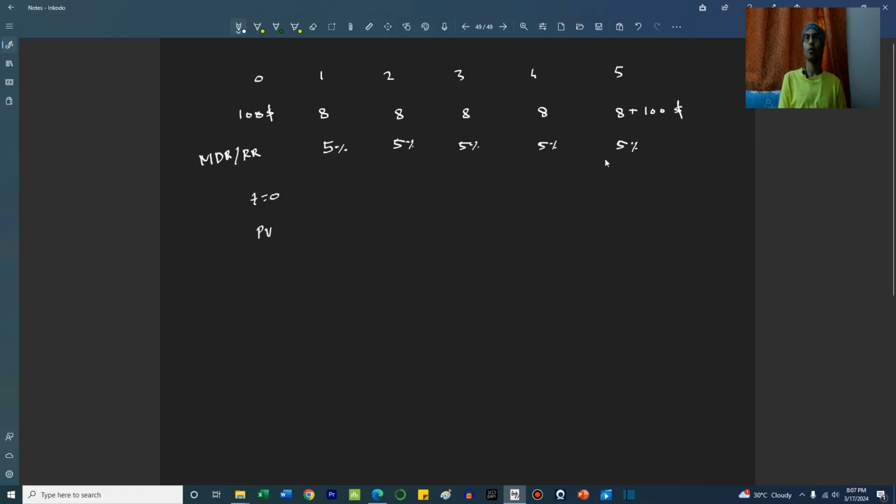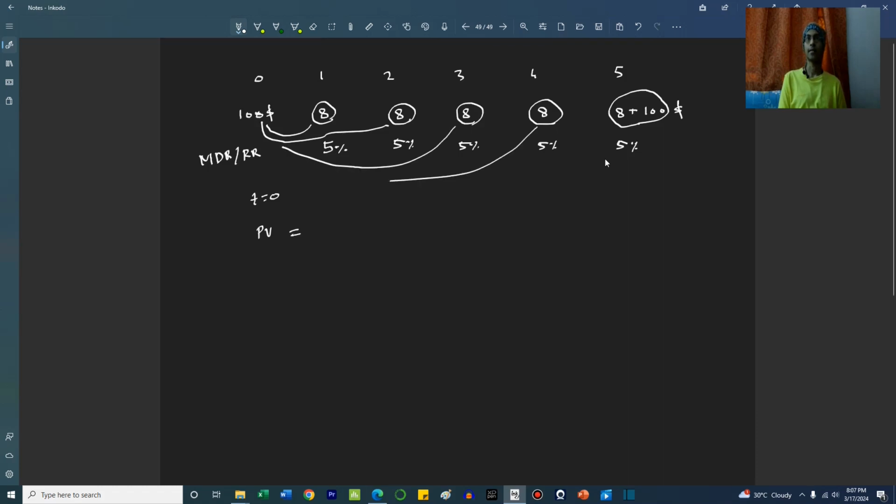Present value is equal to, again we will take each of these cash flows like they are zero coupon bonds, right? And we will just find out their individual present values at this point.